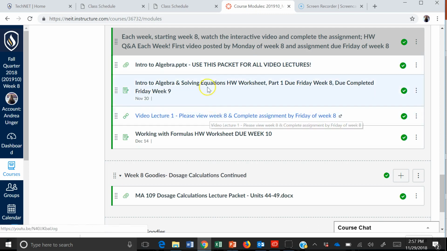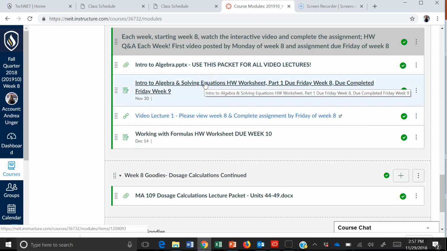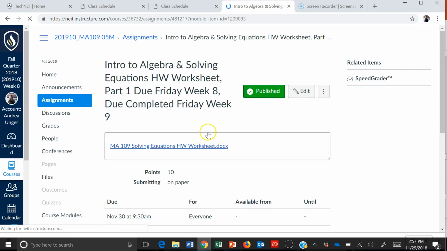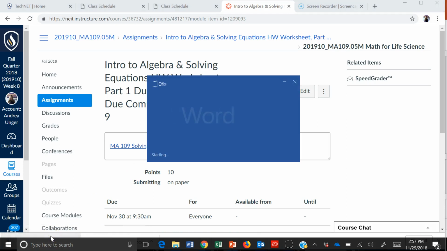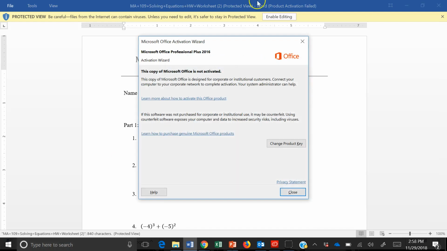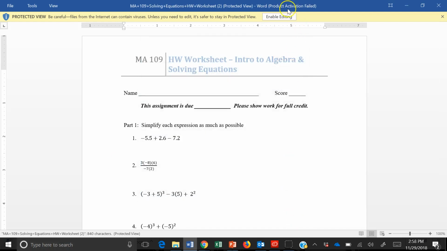What you'll notice is we've looked at everything that you need to solve part 2 of this homework worksheet. Remember that you're asked to complete part 1 for Friday of week 8, and then you can complete part 2 of this worksheet and submit the completed packet on Friday of week 9, and you can certainly come in with any questions.